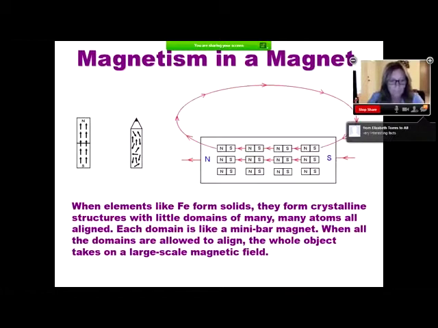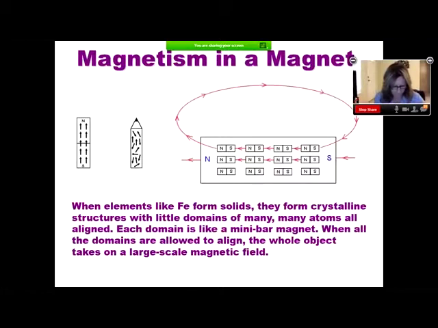And if that iron is in a magnetic field as it cools, those crystalline structures will line up with the magnetic field that it's cooling in. So these domains start to line up with one another. Each domain's like a little mini bar magnet.